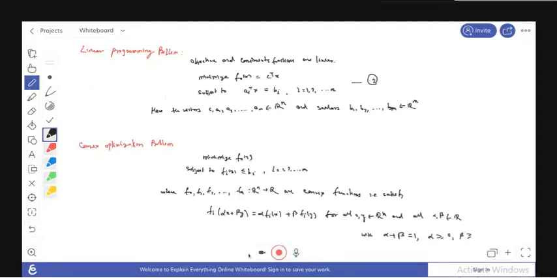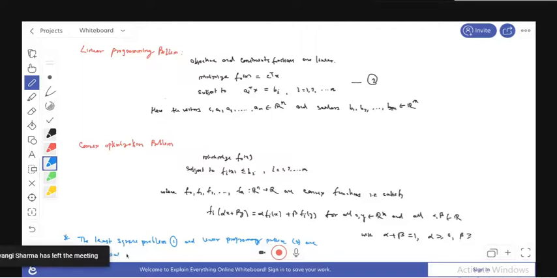You know that the least square problem, that is equation 1, and the linear programming problem, that is equation number 2, are both special cases of the general convex optimization problem defined in equation number 3.